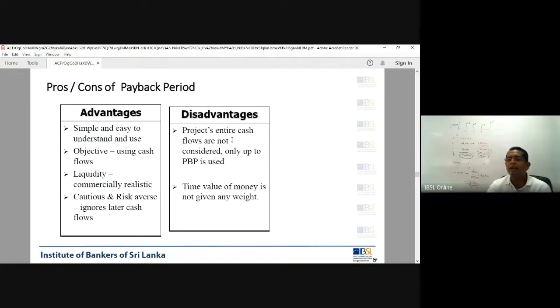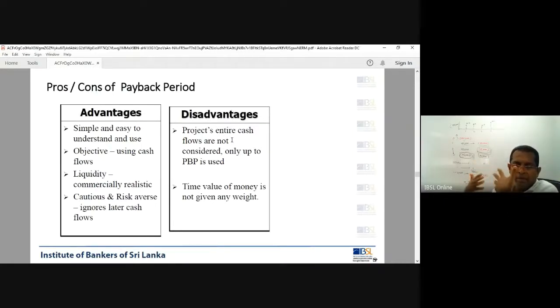These are the advantages and disadvantages of payback period. Simple and easy. You don't need lot of brains to calculate this. If you know your basic mathematics, arithmetics, you can do this. Objective, it is not subjective, it is objective. Why? We are using cash flows.